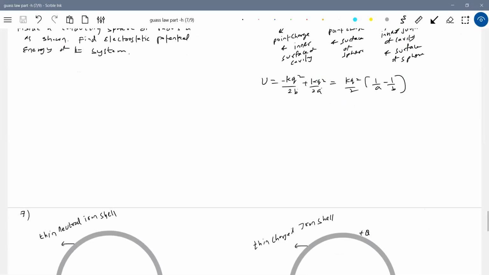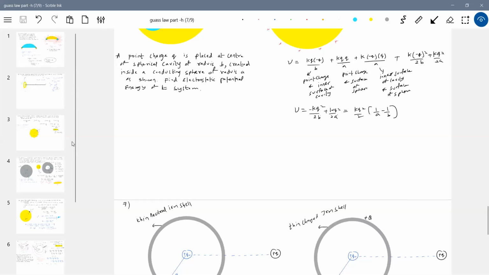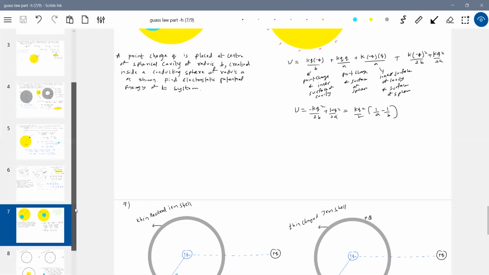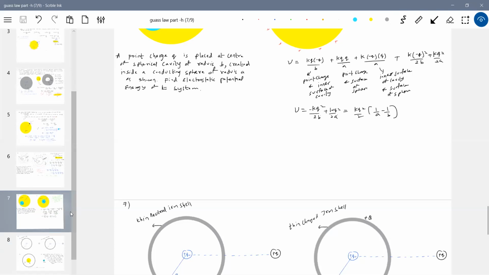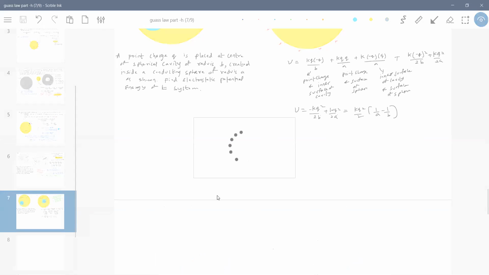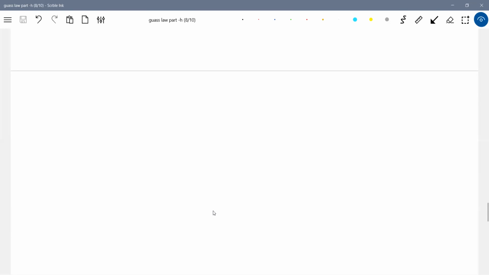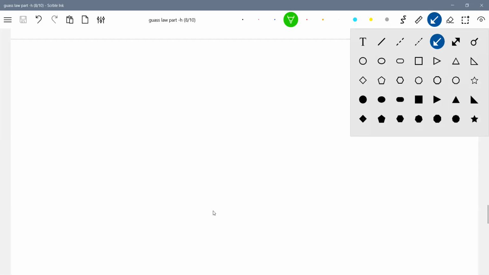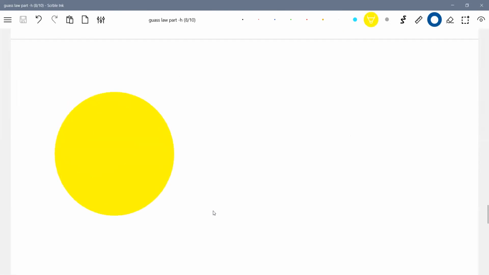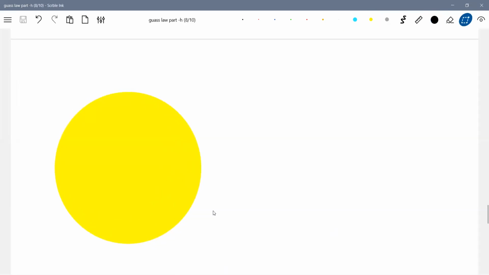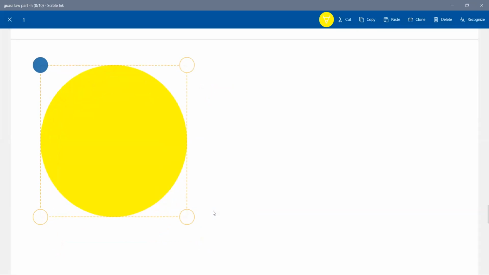If there are two cavities in a conductor, what will be the conditions? Let me introduce one more. I'll bring two cavities inside a conductor.